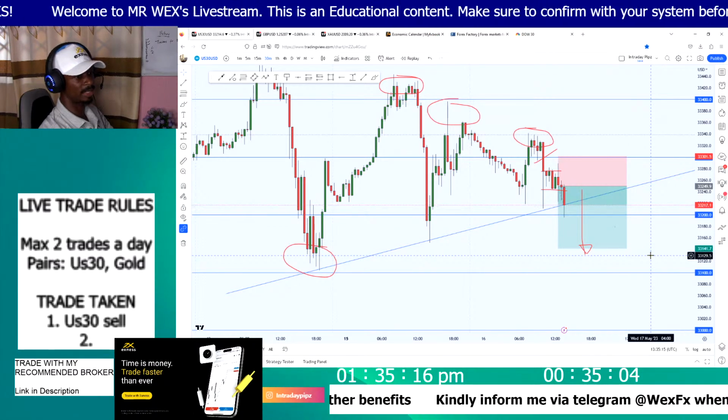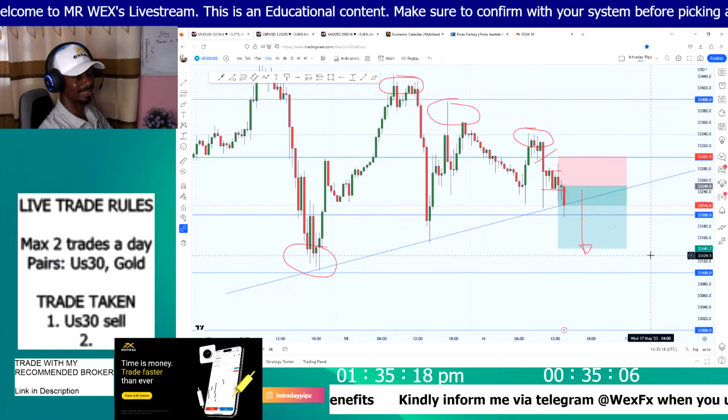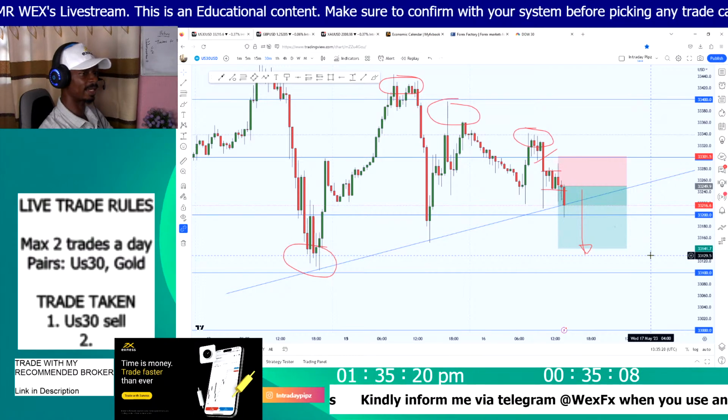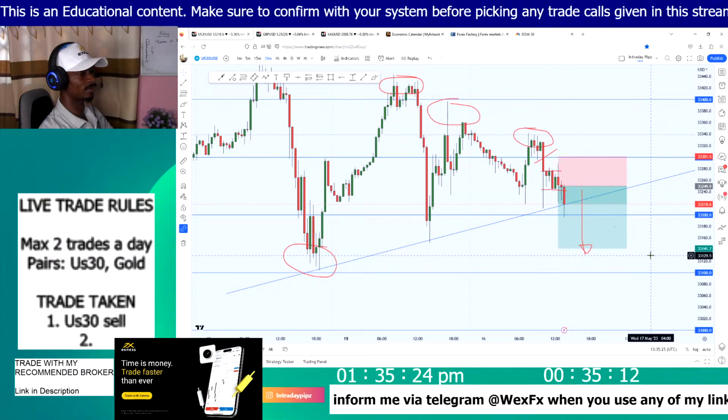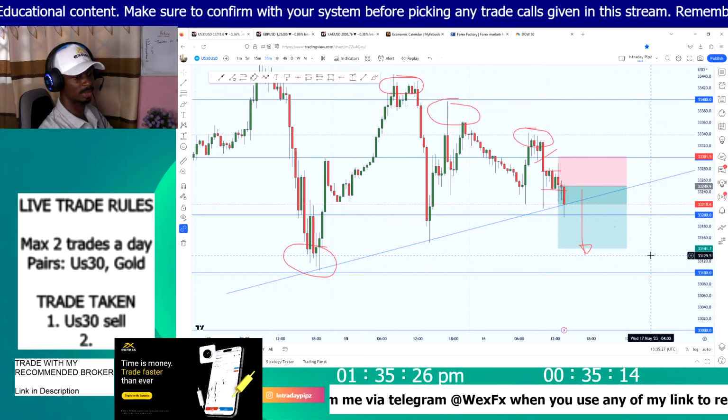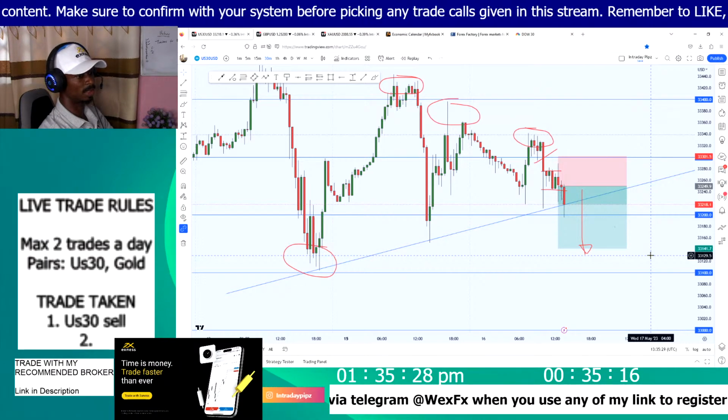This is the 30 minutes time frame, so we are just 5 minutes in on that candle. So basically we still have about 25 minutes to go for that candle to close. So it's a long way.